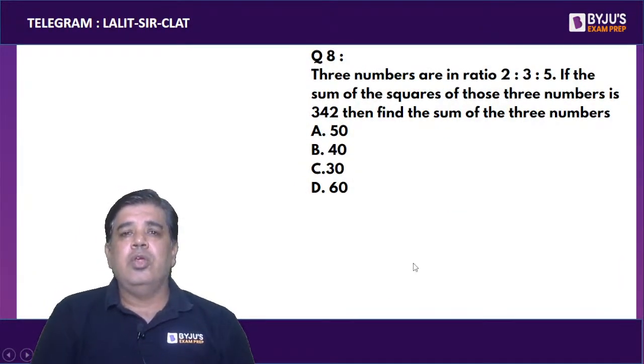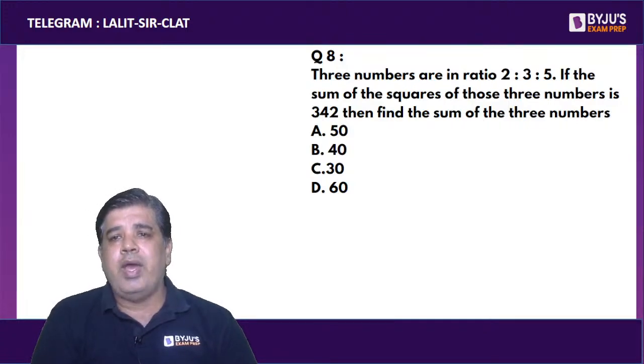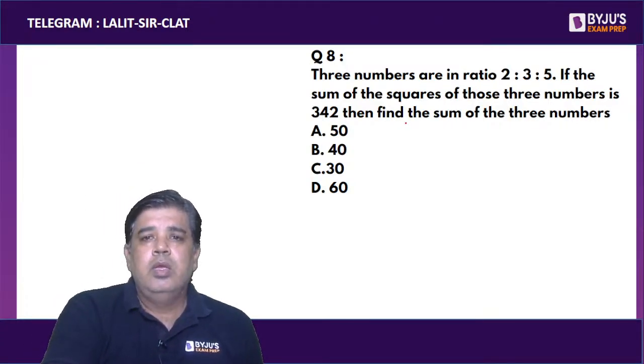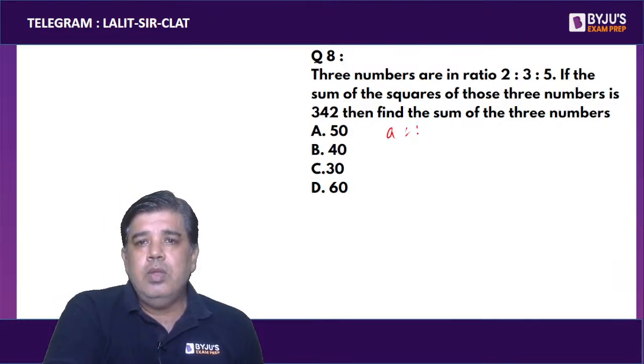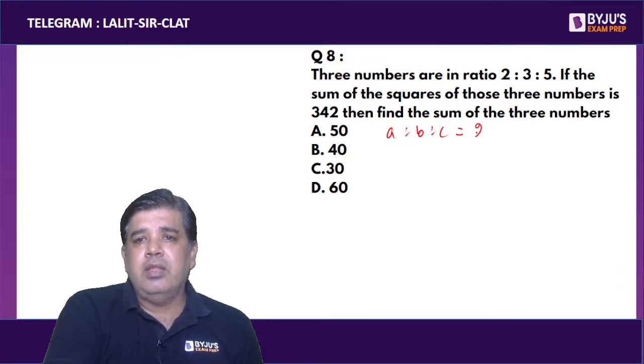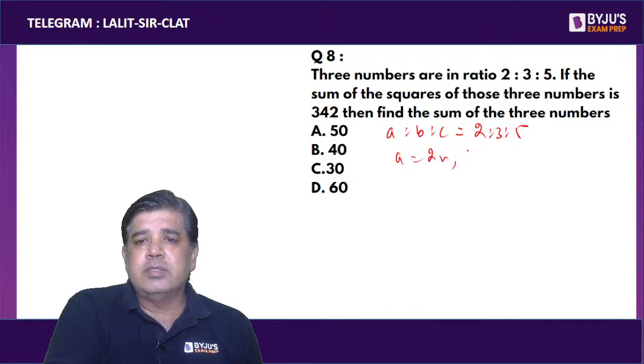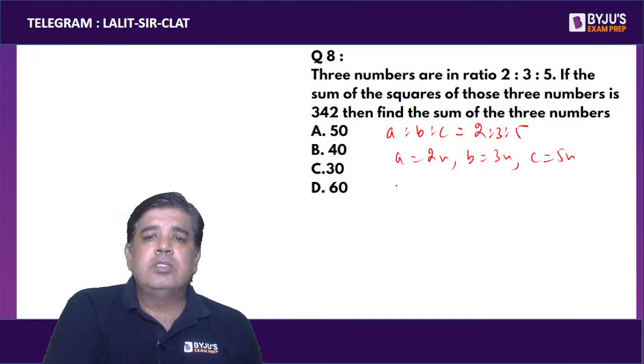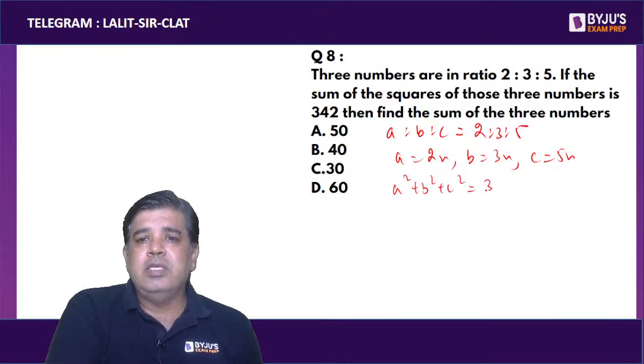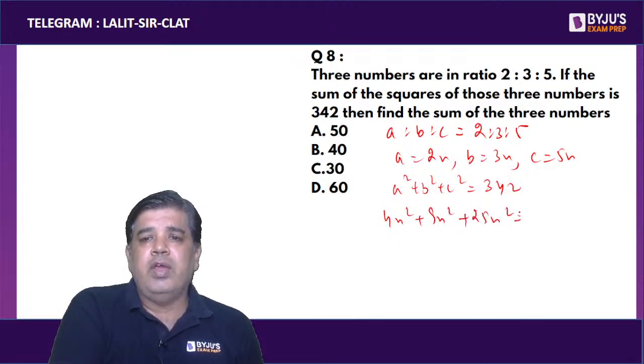Three numbers are in the ratio 2:3:5. The sum of their squares is 342. So three numbers A, B, C are in the ratio, let's say, 2:3:5. So A will be 2x, B will be 3x, C will be 5x. Sum of their squares, A square plus B square plus C square is 342, meaning 4x square, 9x square, 25x square is 342.